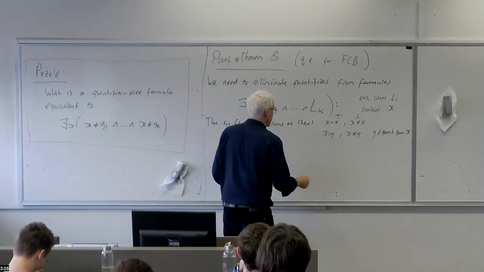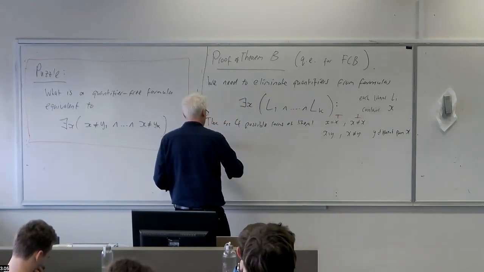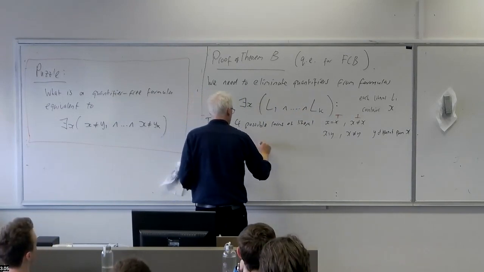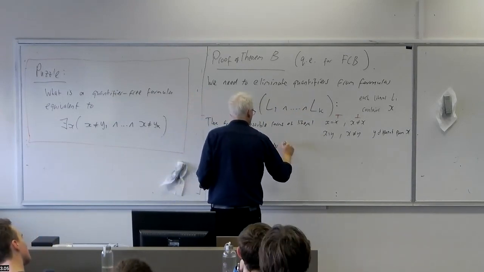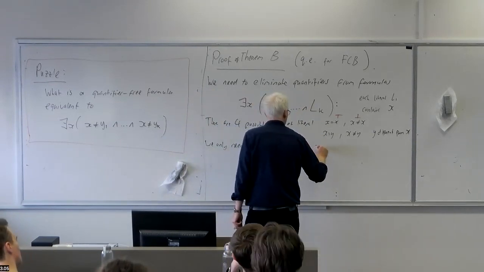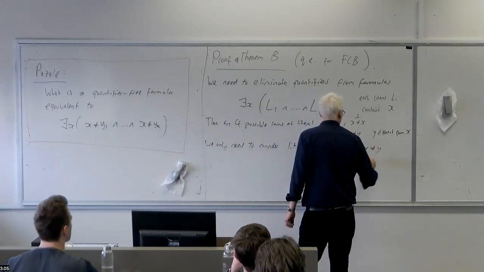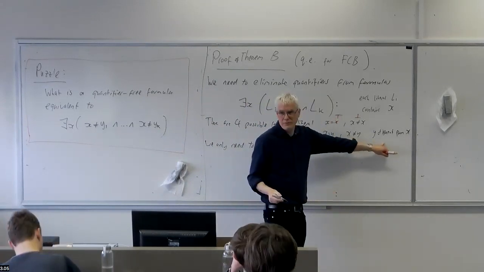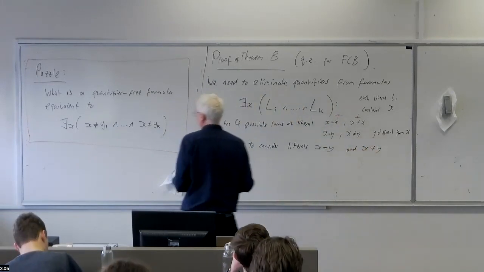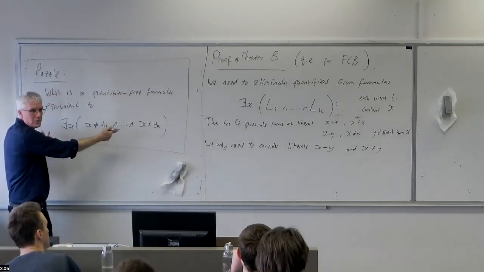So we only need to consider literals X equals Y and X not equal to Y for variables Y different from X. But we might have several different such literals with different variables, as in this pattern that I gave you as the puzzle to think about.